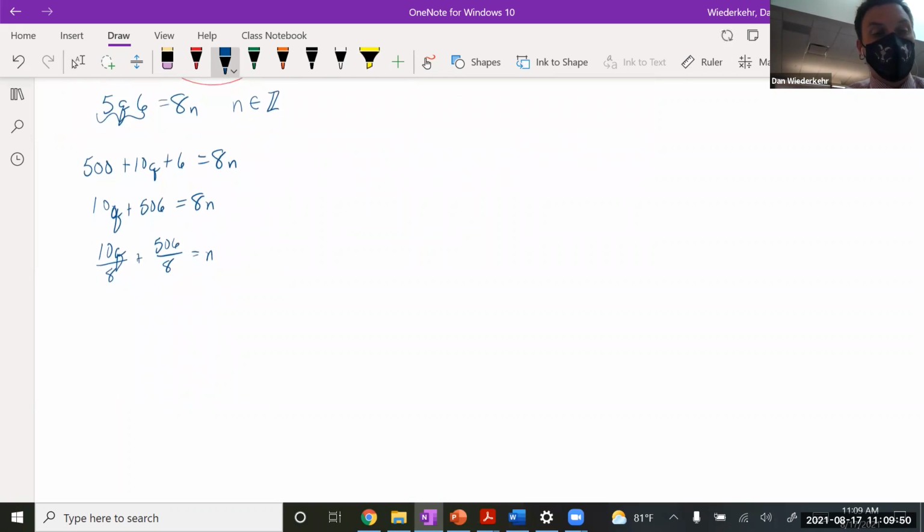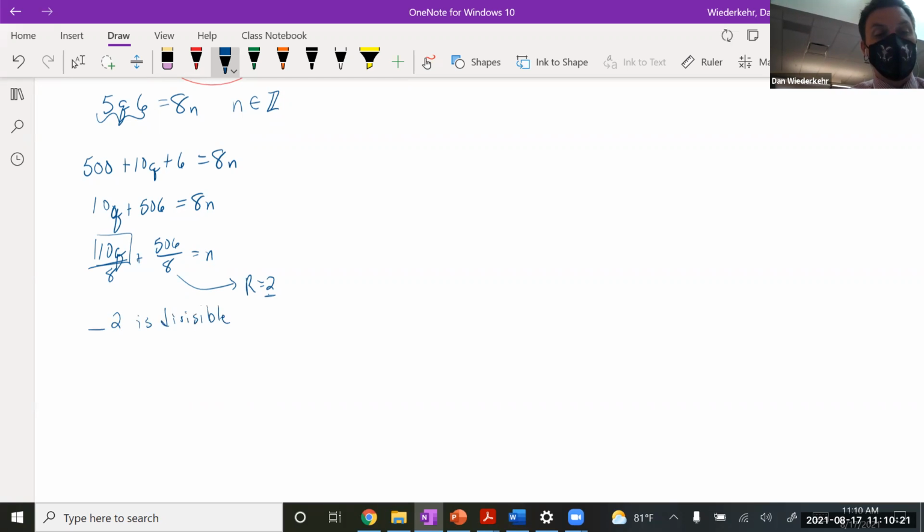I want to focus on this right here. If we take 506 and divide it by 8, we get a remainder of 2. Which means that this tens digit with a units digit of 2 has to be divisible by 8. So something-2 is divisible by 8.